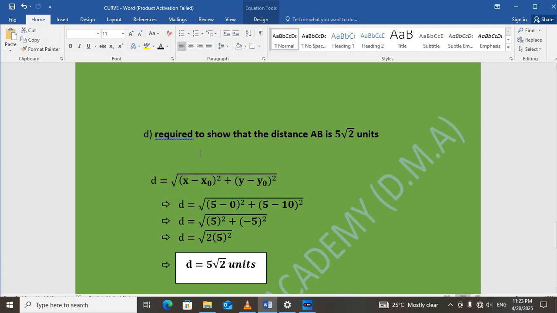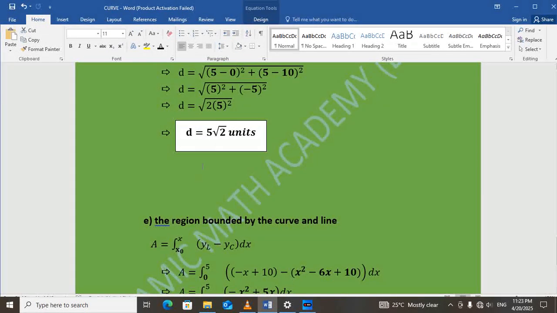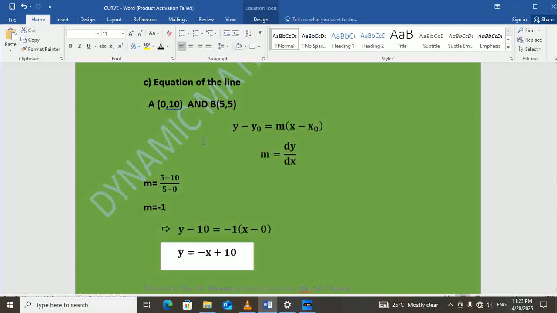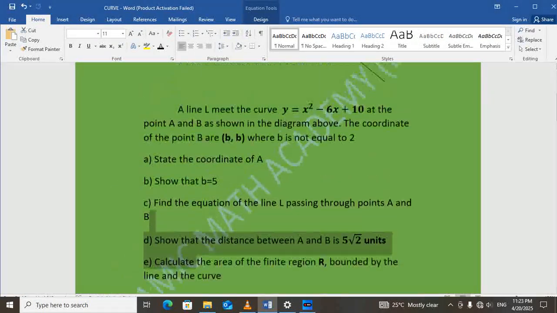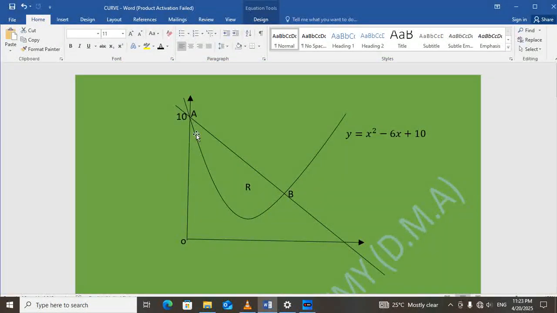So now the last question, we are asked to find the area. Whenever we are asked to look for the area between two curves, remember this is a straight line and this curve, when they intersect, what we do is simply look for the points of their intersection, this point and this point.